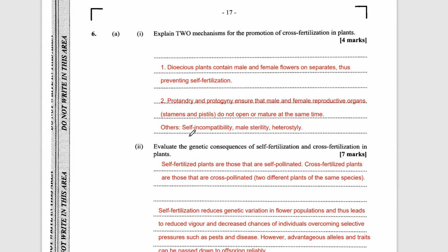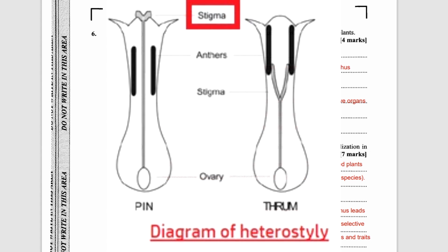It's basically like opposites attract, if you know what I mean. It doesn't want to be with the same flower. Male sterility, which means that if you have a plant with male parts, the pollen would not be viable at all, or it might not produce pollen at all. And heterostyly is where you would have two different types of female parts. I'll put up a little diagram just so you could see what I'm talking about, but you'll find more of it in your textbook.